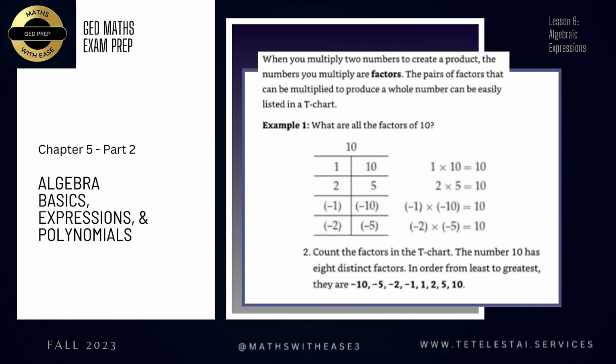-1 times -10 gives you 10, right? Because we said that 10 divided by -1 is -10. And if we go back to our lesson on signs, when you're dividing by a negative number, so we have a negative number here, -1, and we have a positive number, so our answer is going to be negative.